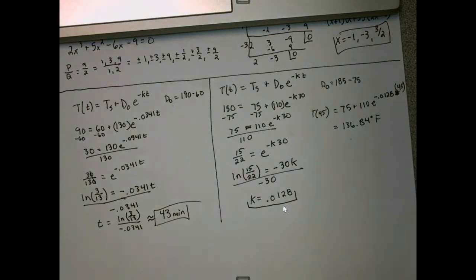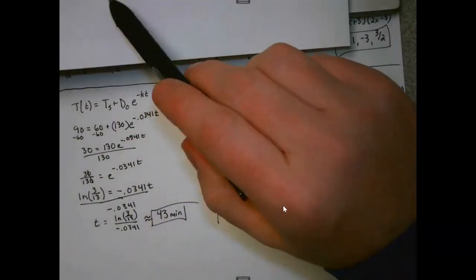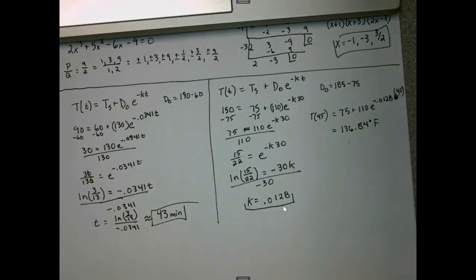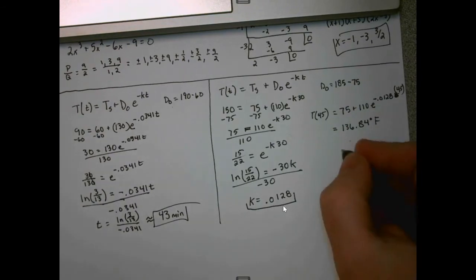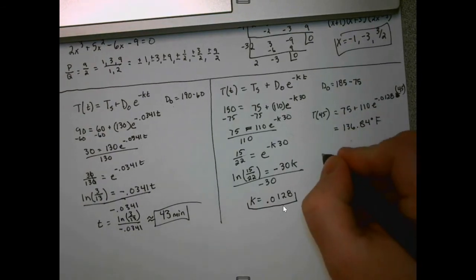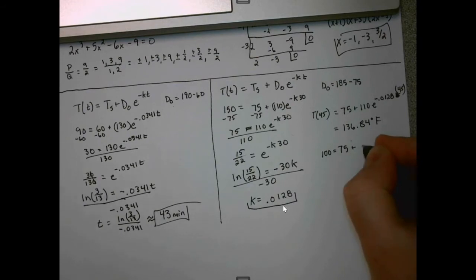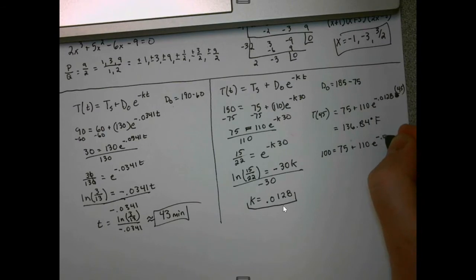Okay, and then the last question says, after how many hours will the turkey cool to 100 degrees? Okay, so we want it to be at 100 degrees, and that's 75 plus 110 e to the negative 0.0128 t.